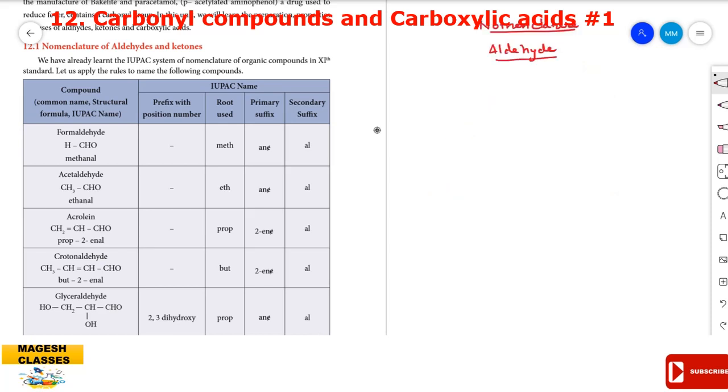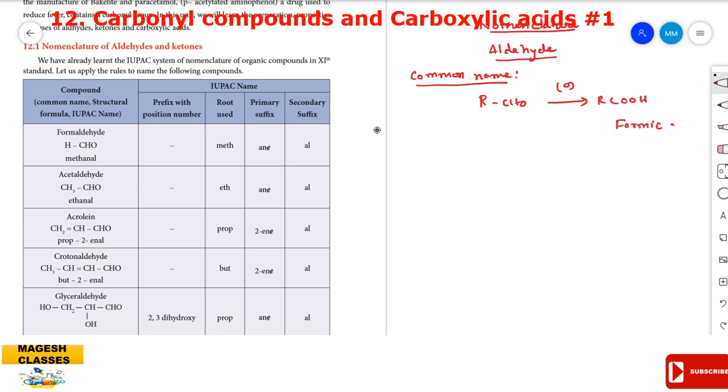Aldehyde nomenclature, the common name system or trivial name system. In the common name system, the aldehyde on oxidation gives the corresponding acid, and the acid has a common name. The first acid is formic acid.